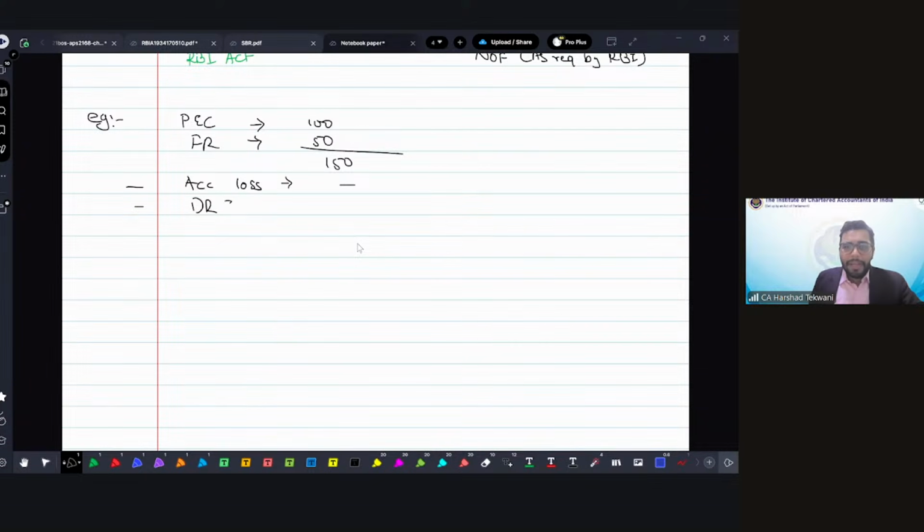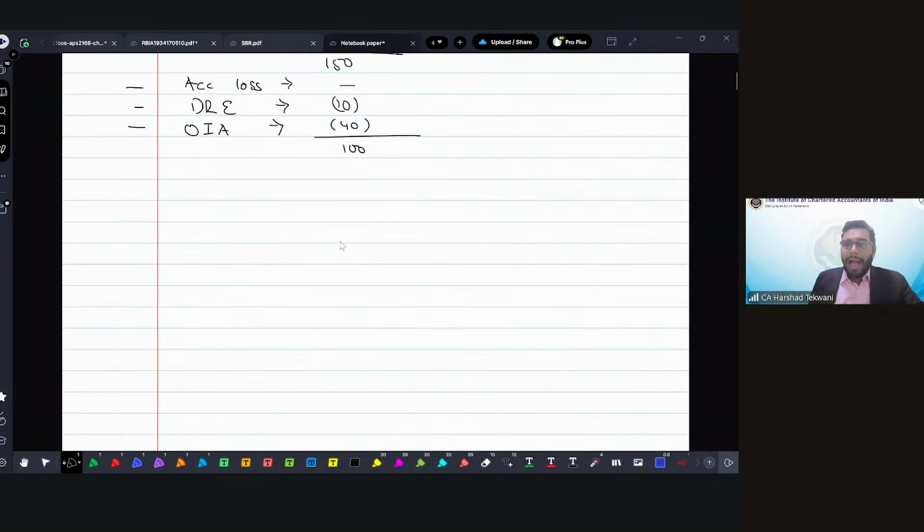Deferred revenue expenditure, let's say we have 10. Other intangibles, let's say 40. What amount are we left with? 100. Hypothetical, everything is hypothetical. Let's say investment was made in shares of same group companies or subsidiaries, NBFCs you're talking about. Let's say 30.